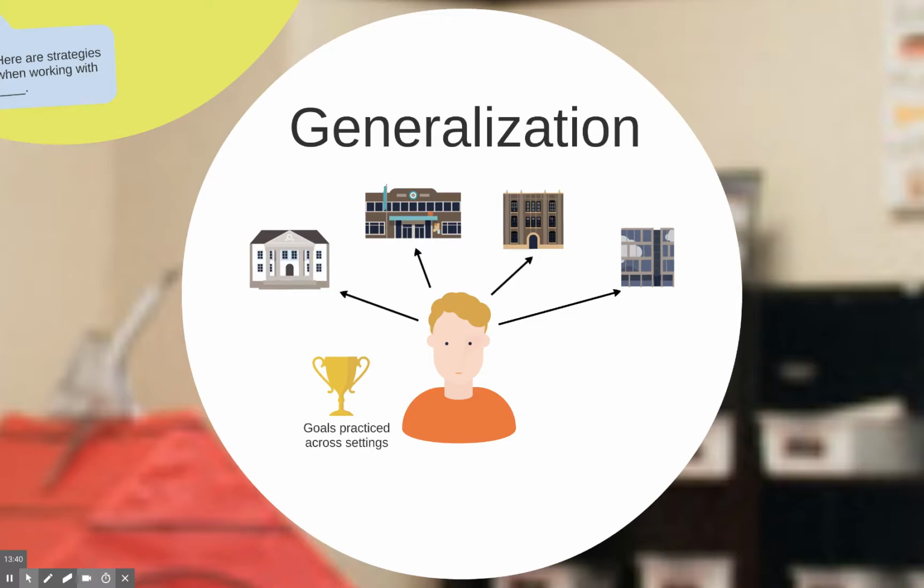And this is something that's especially important for students with disabilities, because research shows they don't transfer skills. They get compartmentalized, being able to do things in one spot, in one context, but they can't apply what they learned in that context to other places. By thinking about LRE, thinking about the least restrictive environments that a kid would go into and practice different skills, it really does promote generalization.